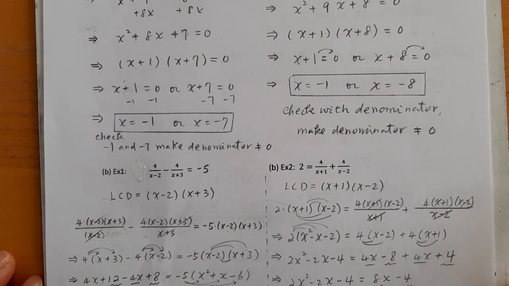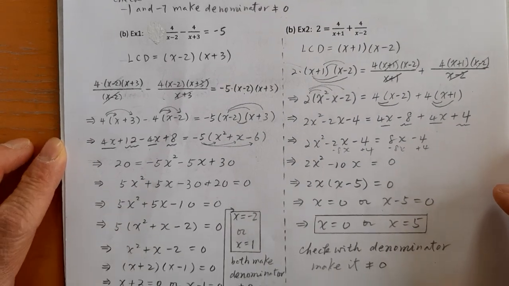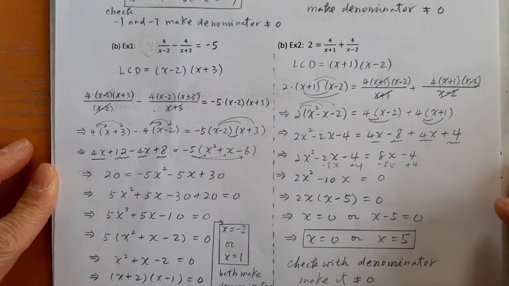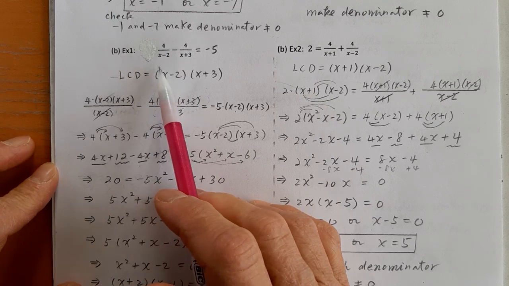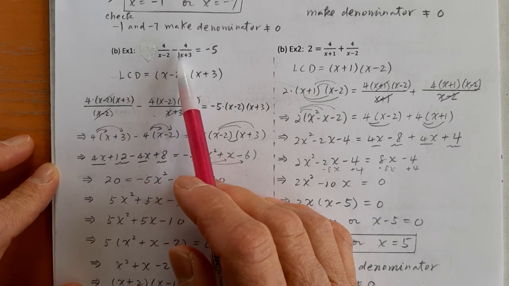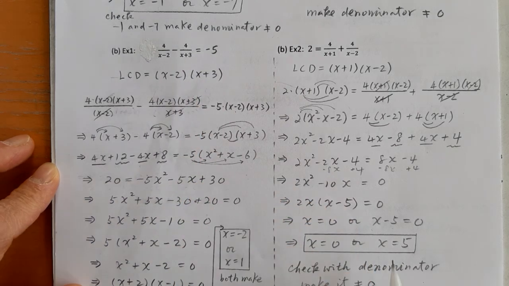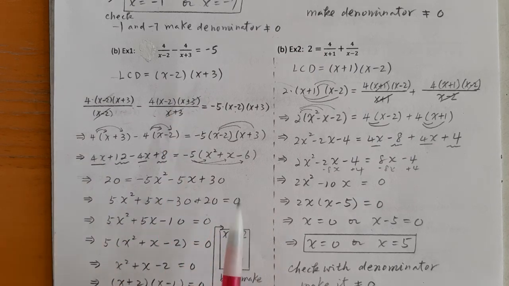Then the next one, question 3B, is an example here. 4 over x minus 2 minus 4 over x plus 3 equals -5. First of all, we have to remove the denominator.